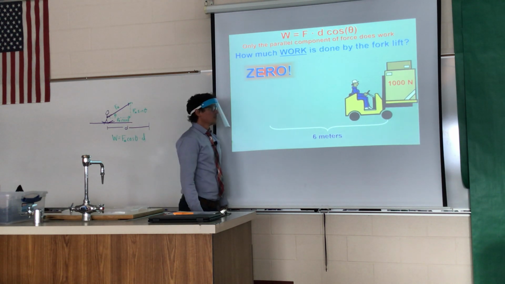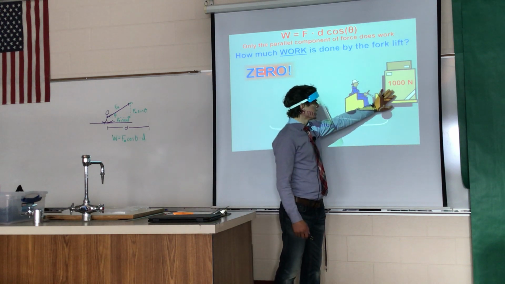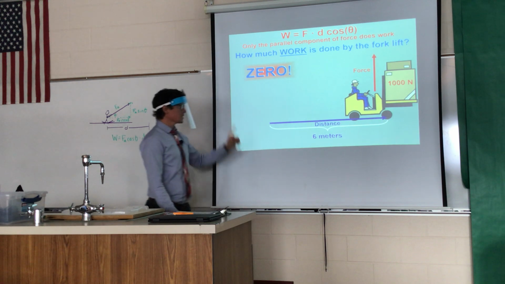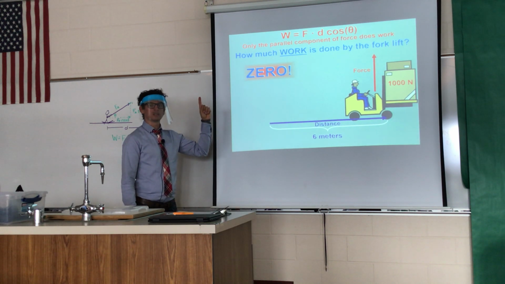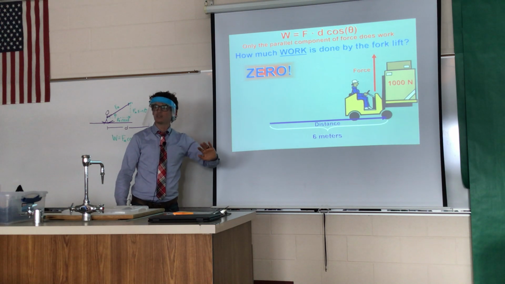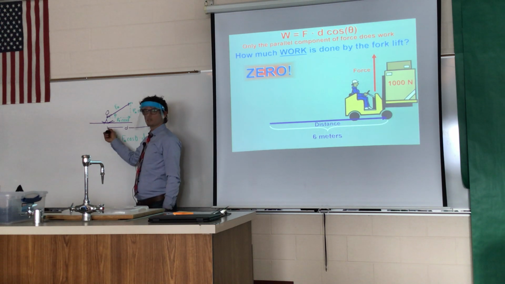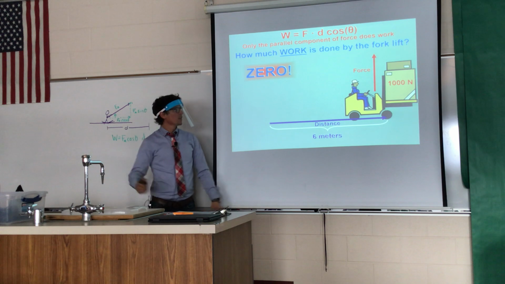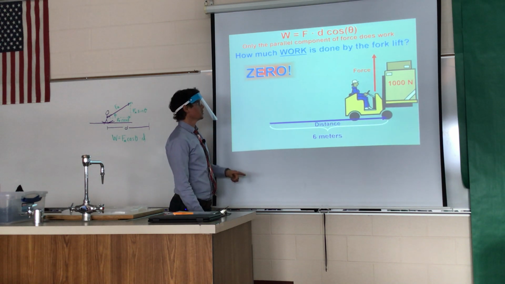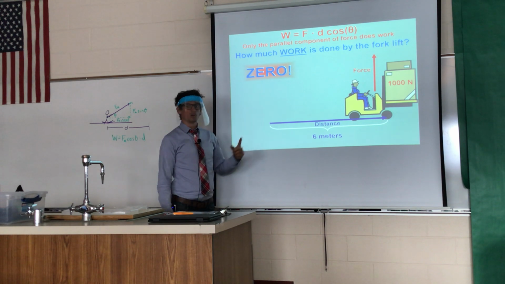To hold this weight up right here, its force had to be upward. So we've got a force that is up to hold that weight. It's not like skidding it across the ground. If it was doing that, we'd be doing something like this over here. So the force is up and the distance is in that direction. So in this case, 0 work is done.